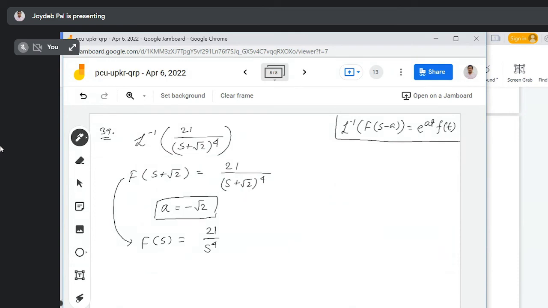Yes, sir. Now small ft, which is Laplace inverse of capital Fs, so Laplace inverse of 21 divided by s to the power 4. What will it be? You check the table for which function it is something by s to the power 4.